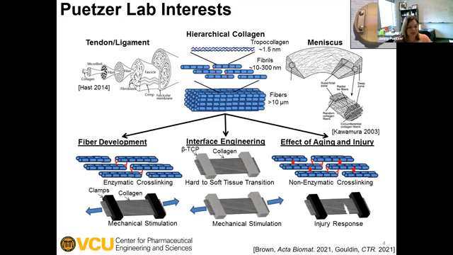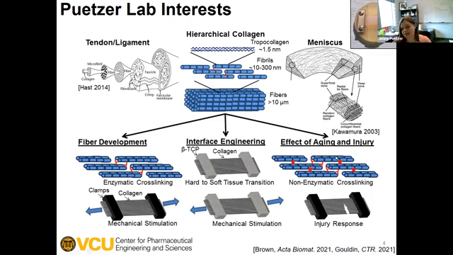So we're doing some work to really understand what drives that change, and how we can reproducibly get those strong cross-links over and over again, so that hopefully we can either have a pharmaceutical or a physical therapy routine that can drive cells to do this after injury.